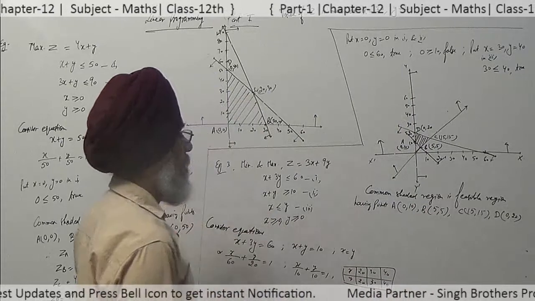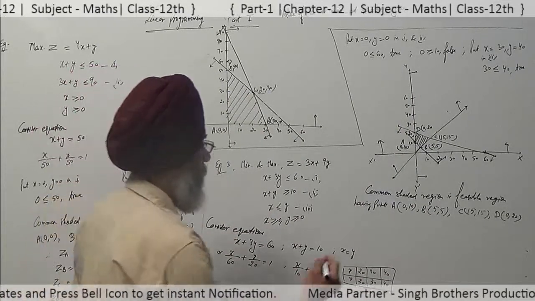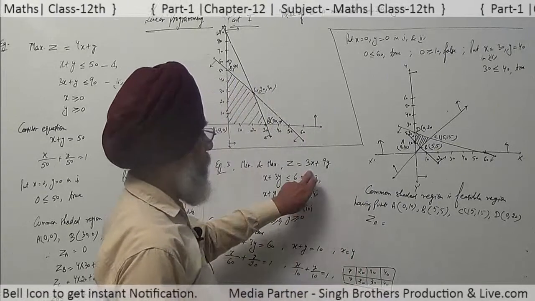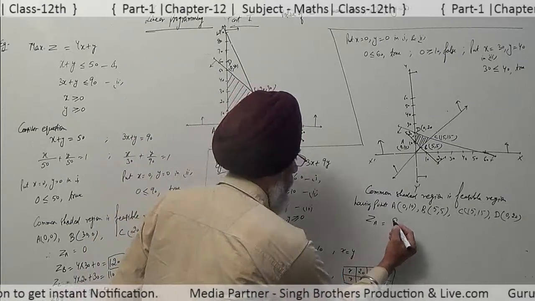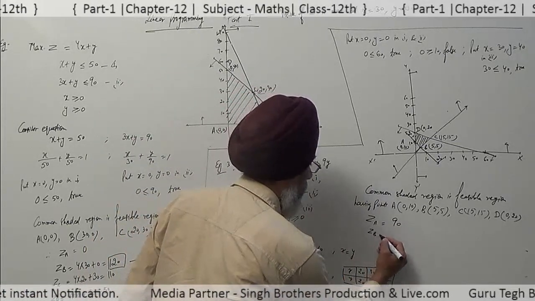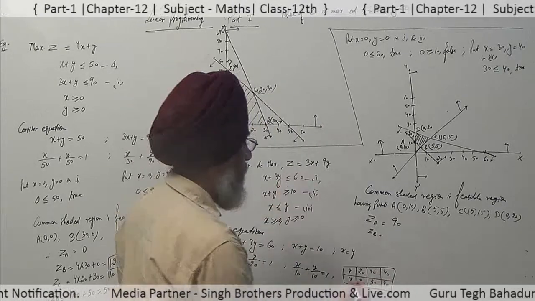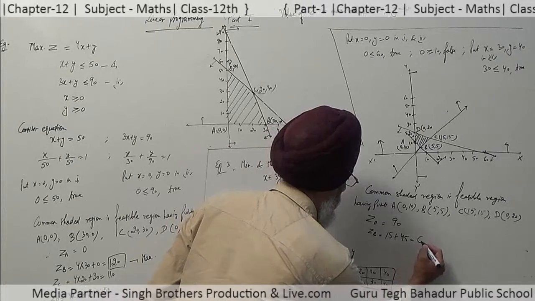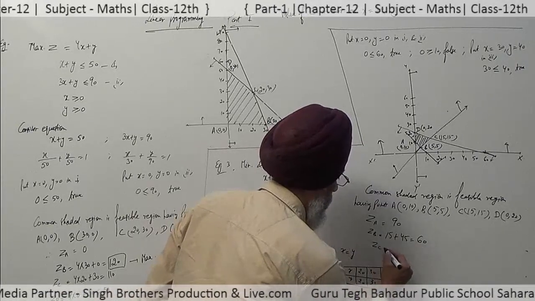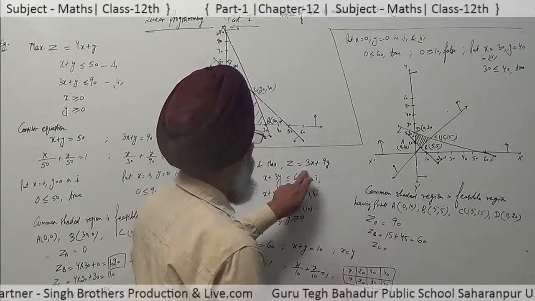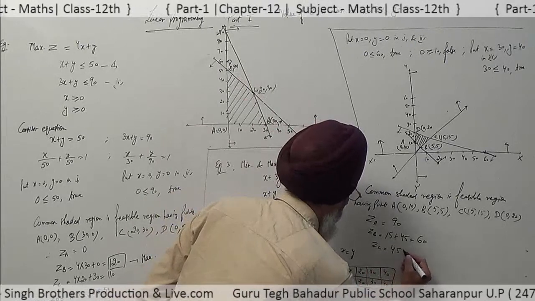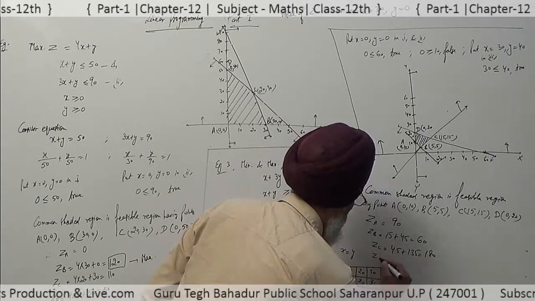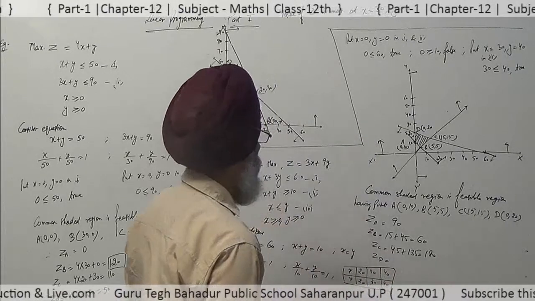Okay. Now, Z at A, place the value of x as 0 and y as 10, it becomes 90. At B, 5, 5, 15 plus 45, 60. At C, it's 15, 45 plus 135, 180, and at D, it's 0, 20, it's 180.